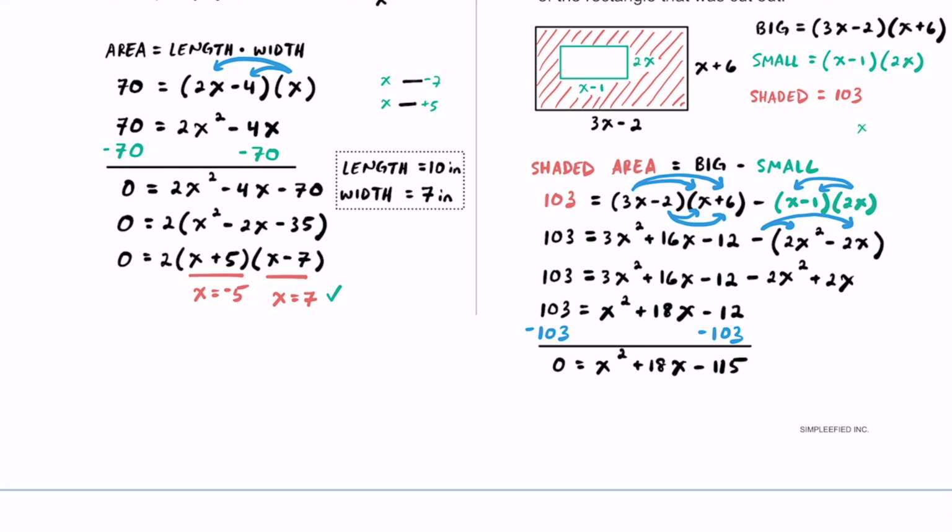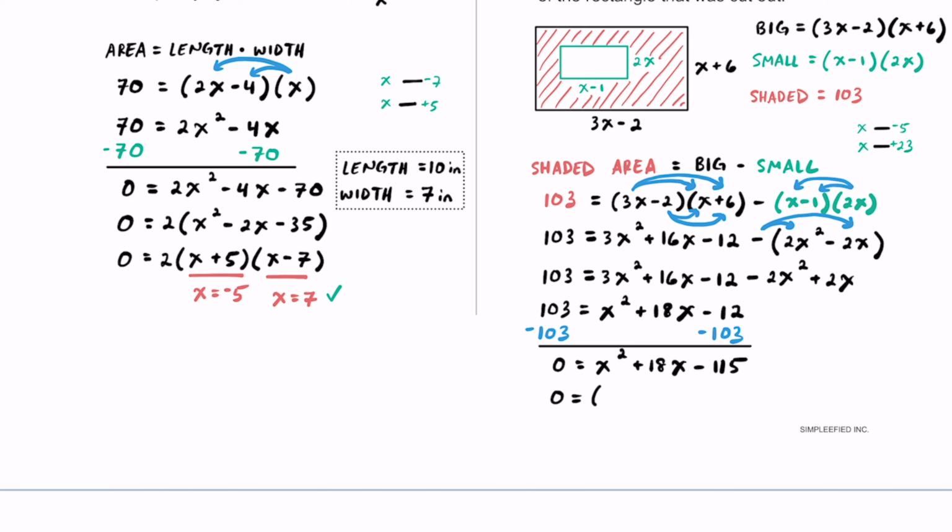So we're just going to have 1x and 1x. And then for 115, well, it is divisible by 5, right? So 5 times 23 is 115. Let's say if we have a -5 and a positive 23, that does equal -115 if you multiply them. But also, if we multiply across, it would be -5x and a positive 23x, which would combine to a positive 18x. So this is factorable, which is nice.